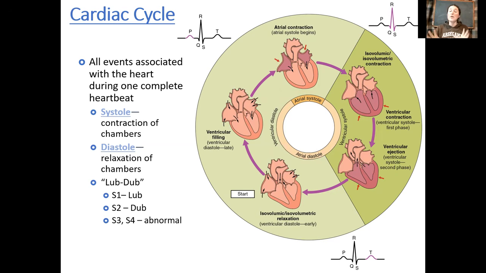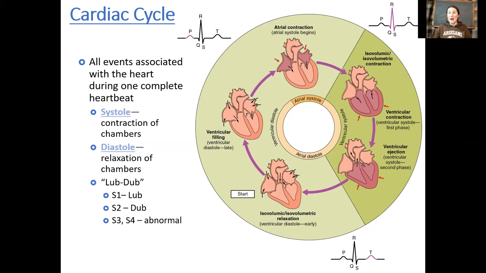As we go through these different phases of contraction of one and relaxation of the other, and so on and so forth, we're also going to be connecting in the different heart sounds. Generally when you think of a heartbeat, you think of lub-dub, lub-dub, lub-dub. And so I'm going to tell you where those sounds come from and when in the cardiac cycle they are going to occur.